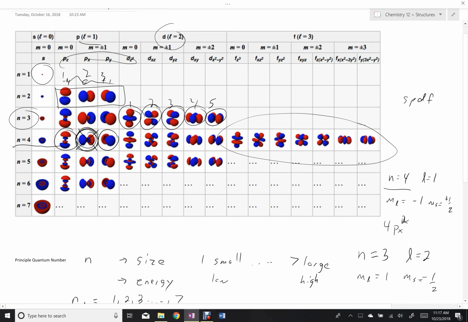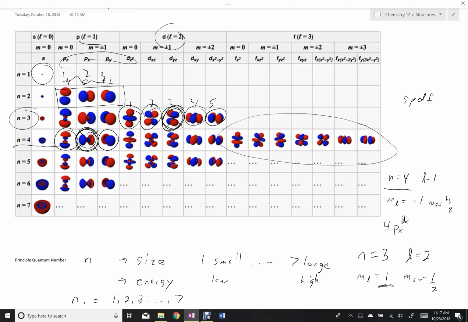Which one of them depends on this ml, and right now that's telling us it's either this one or this one, and the -1/2 isn't telling us much of anything. So let's just pick this one for the sake of argument, and that's the shape that would dictate the position of that electron around the atom. It would exist in one of those 4 shaped, I don't know, what would you call those, ovoids.